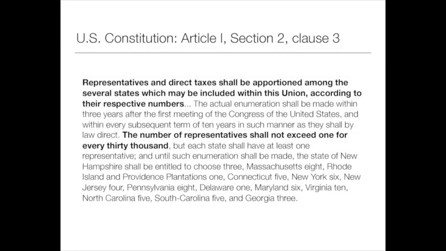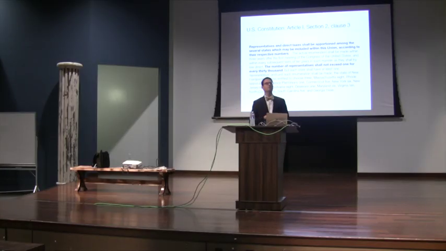The relevant language for us is the first sentence. Representatives and direct taxes shall be apportioned among the several states which may be included within this union according to their respective numbers. All of this is to say, based on the number in the state, we then determine proportionally the number of representatives that state sends to the House.